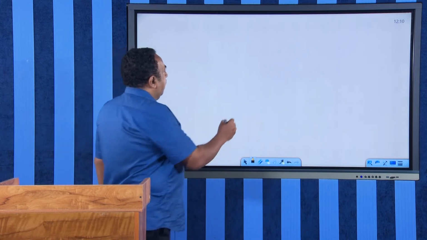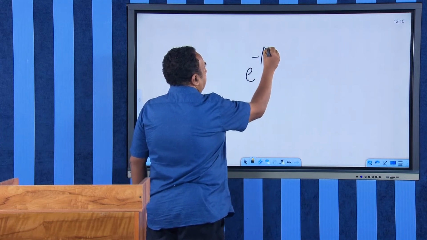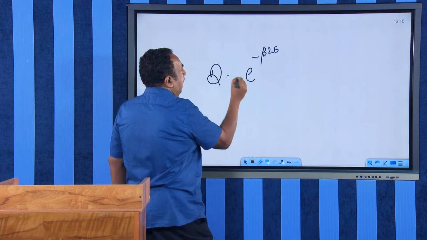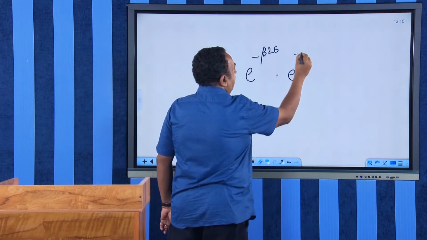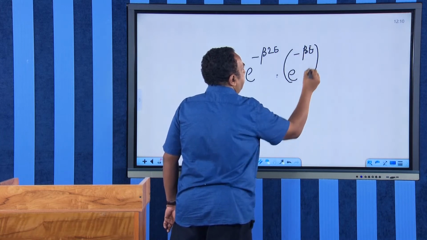Similarly, e raised to minus beta 2E, which is our partition function, is e raised to minus beta E whole square.